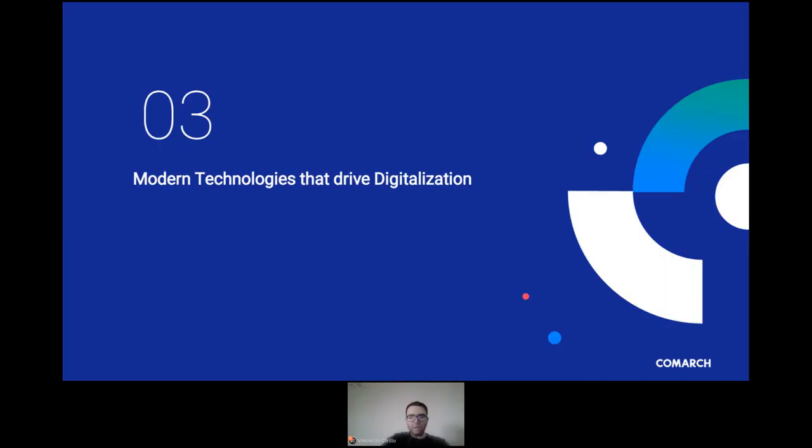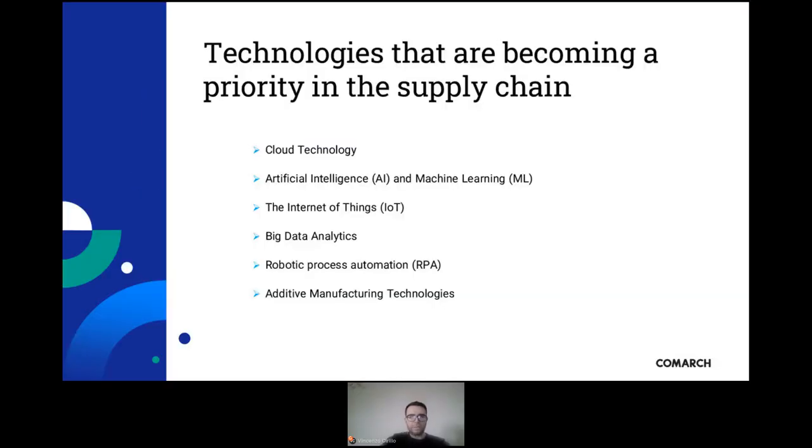So now what I would like to explore is the modern technologies that are driving digitalization in supply chain, and which technologies are really becoming a priority in many industries.